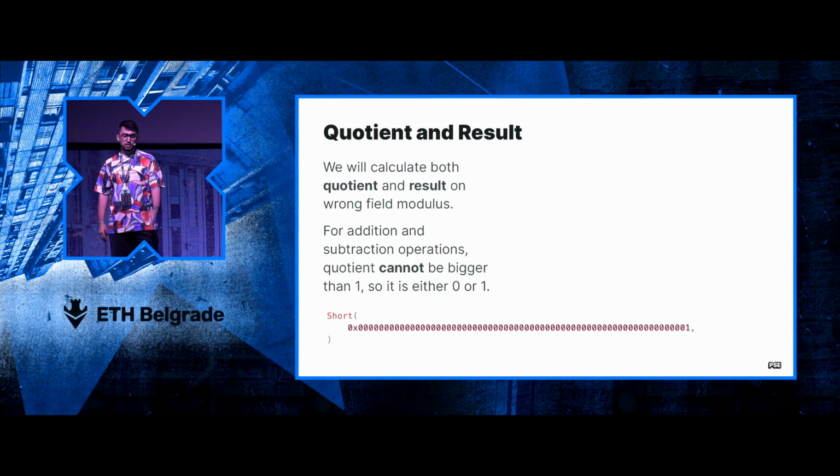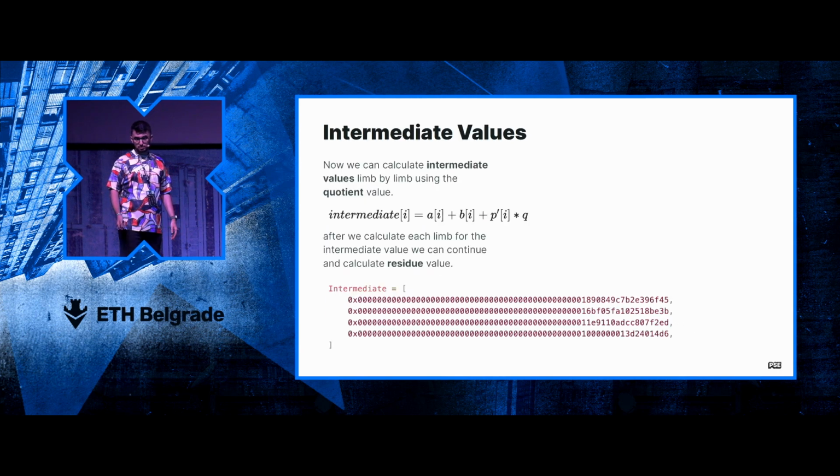So that's why we keep it in a short form, typing 1 or 0. But if you use this algorithm in multiplication or division, you can get very big numbers, so this is just for addition and subtraction. For the result part, it is what we get after we wrap around or not. The result that we get is our result, and the coefficient will be just 1 or 0.